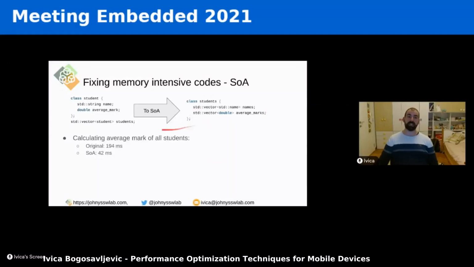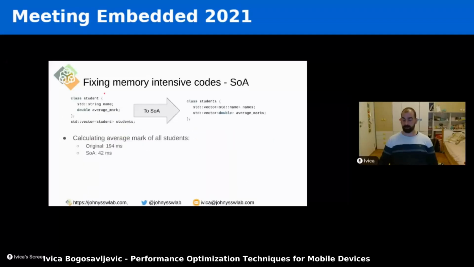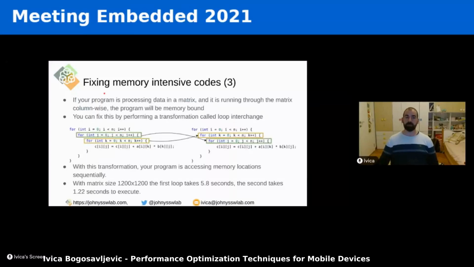In this case, we are accessing classes, and as we said, classes are not primitive types, and this code is memory intensive. Okay, this was one way of fixing memory intensive code if you're using structs or classes in your code. Now, the second way of fixing memory intensive code is if your program is processing data in a matrix.